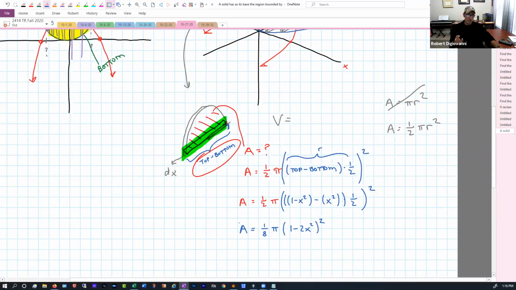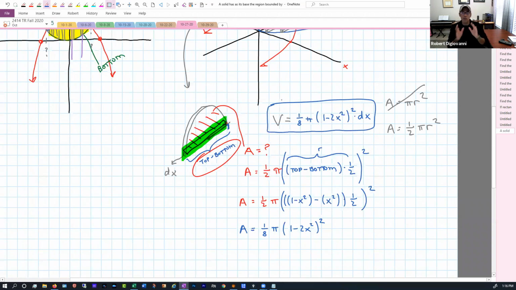Now I need to get the volume, so I multiply by the thickness, which we said was dx. Back up here to volume: volume should be 1/8 pi, times 1 minus 2x squared, that quantity squared, times dx. That is the volume of an arbitrary semicircle little slice that we have.